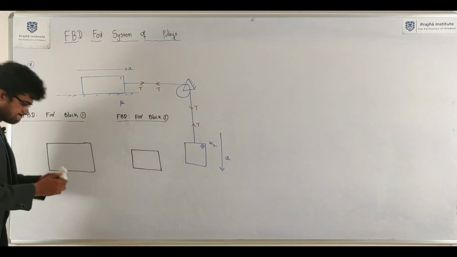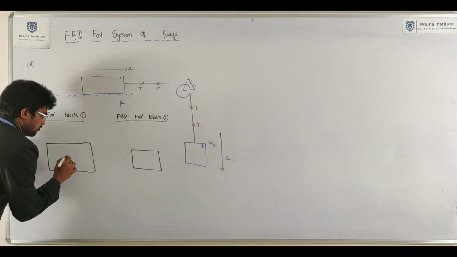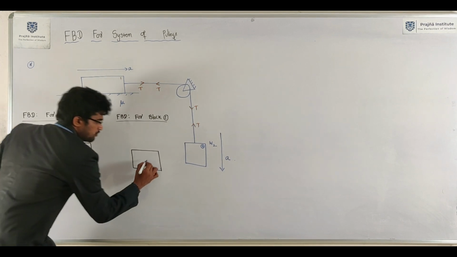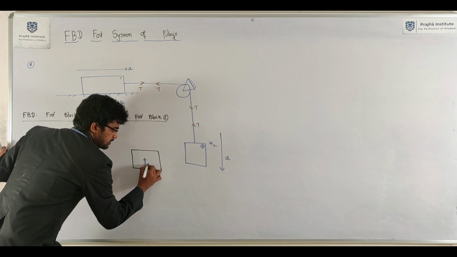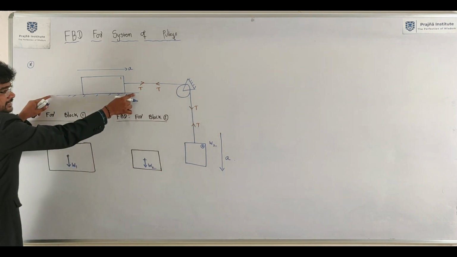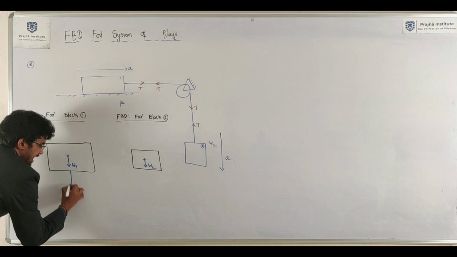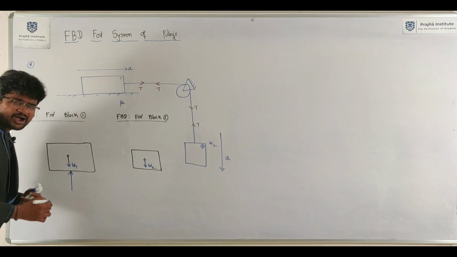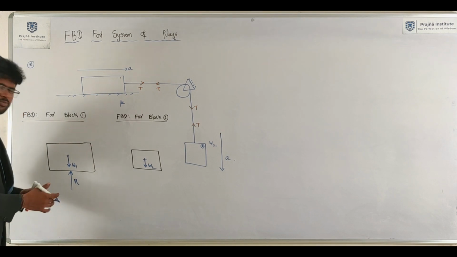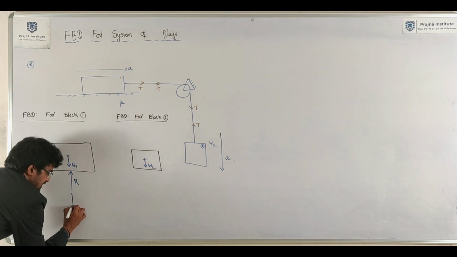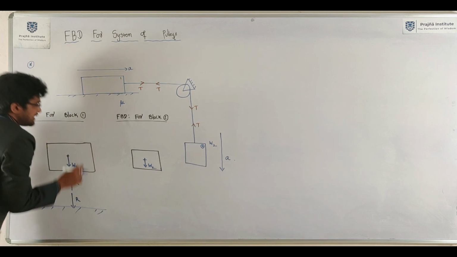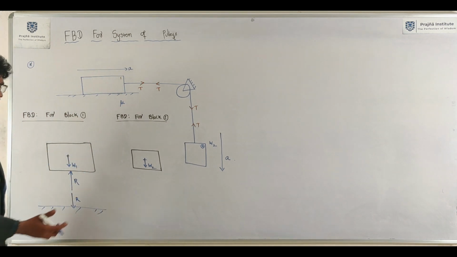What is our statement? Weight always acts vertically downward. Next, at every contact surface, two normal reactions act. I want to take R; N or R, both are fine. R acts in the downward direction. Again, this is called the reaction at the contact surface.